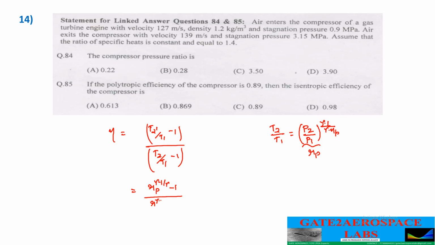So the value will be 3.5 to the power (1.4 minus 1) by 1.4, minus 1, divided by 3.5 to the power (0.4 by 1.4) into the polytropic efficiency 0.89, minus 1. If you solve it, you will get the isentropic efficiency equal to 0.869. So B is the correct answer.